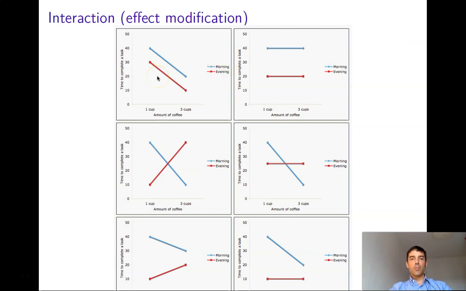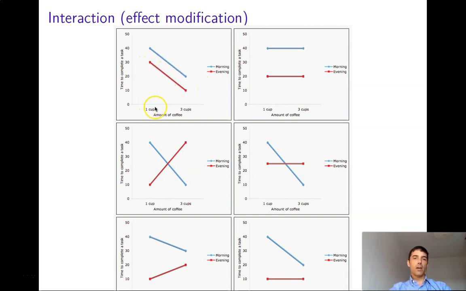So this first example is one where drinking 3 cups of coffee makes you complete the task faster, and also it being evening helps you to complete the task faster, but there's no interaction between amount of coffee and morning or evening, because the effect of morning or evening is the same whether you've had 1 cup or 3 cups of coffee.